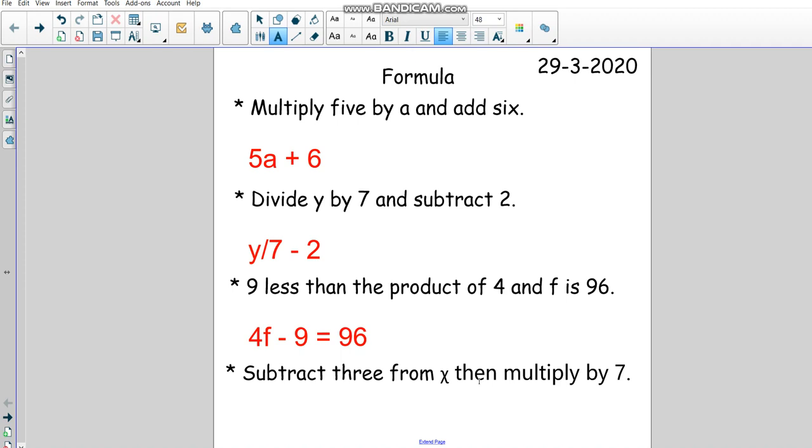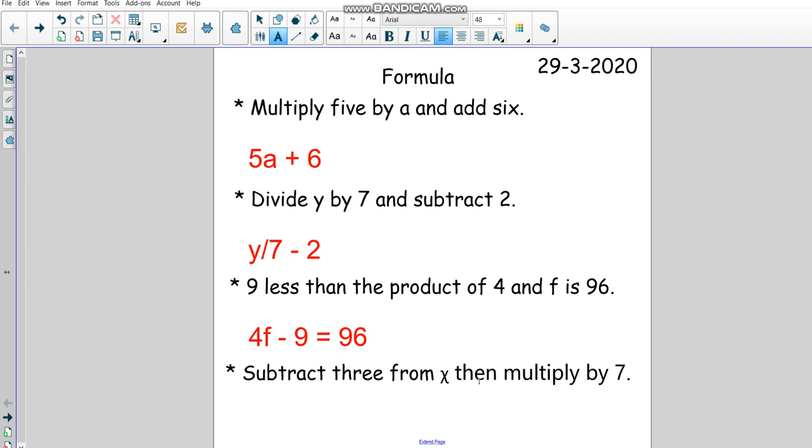Which operation will I start with? The subtraction. But how to start with subtraction when multiplication is stronger? Excellent, guys. We have to add brackets.